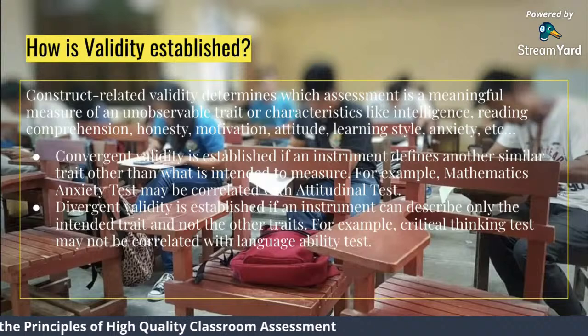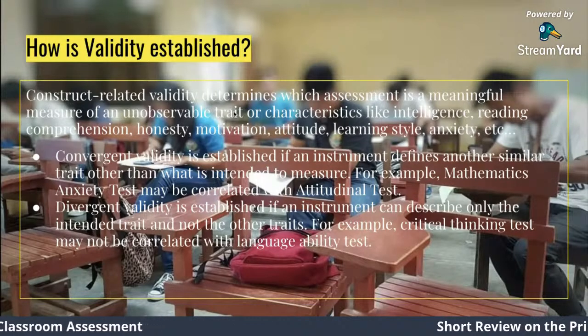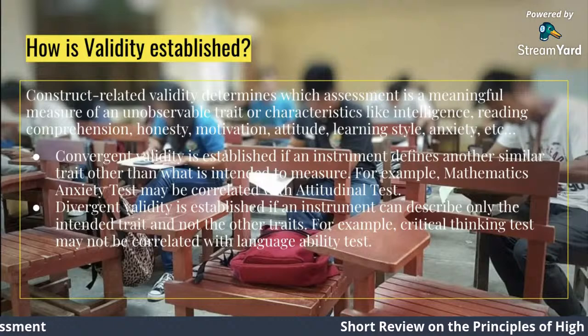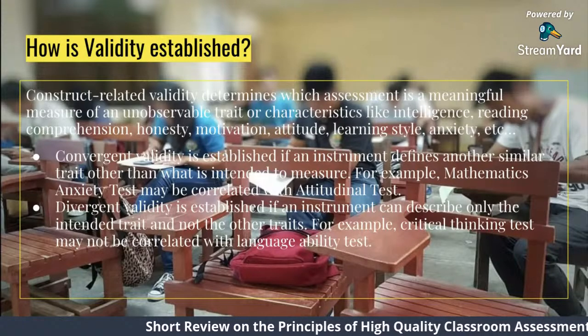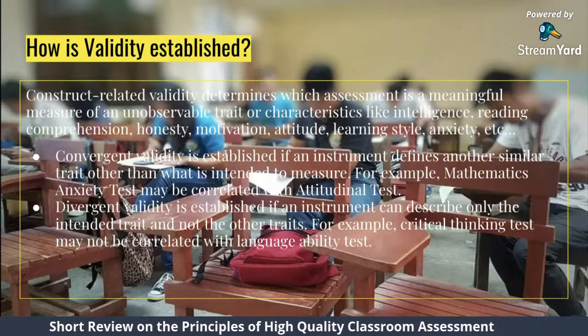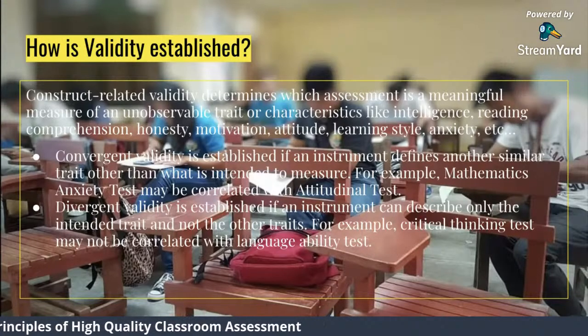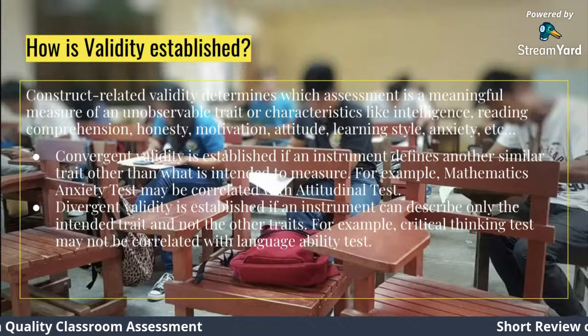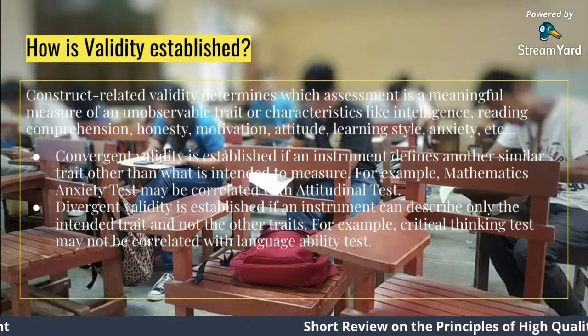The other one is divergent validity. It is established if an instrument can describe only the intended trait and not the other traits. Okay, for convergent, we have an instrument that could define a similar trait other than what is intended to measure.